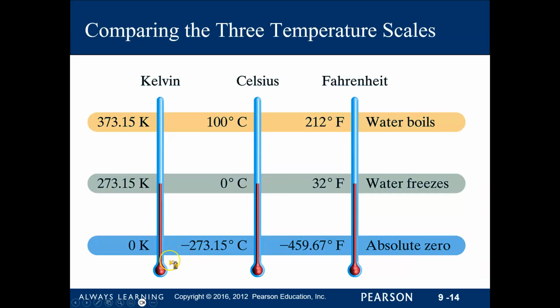Visually, this is how the three different units of temperature compare to each other. Remember, this is when water freezes, and the value at which water boils is at these values. Absolute zero is like the ultimate negative value. That would be 0 Kelvin, which means negative 273.15 Celsius and almost around negative 500 Fahrenheit.